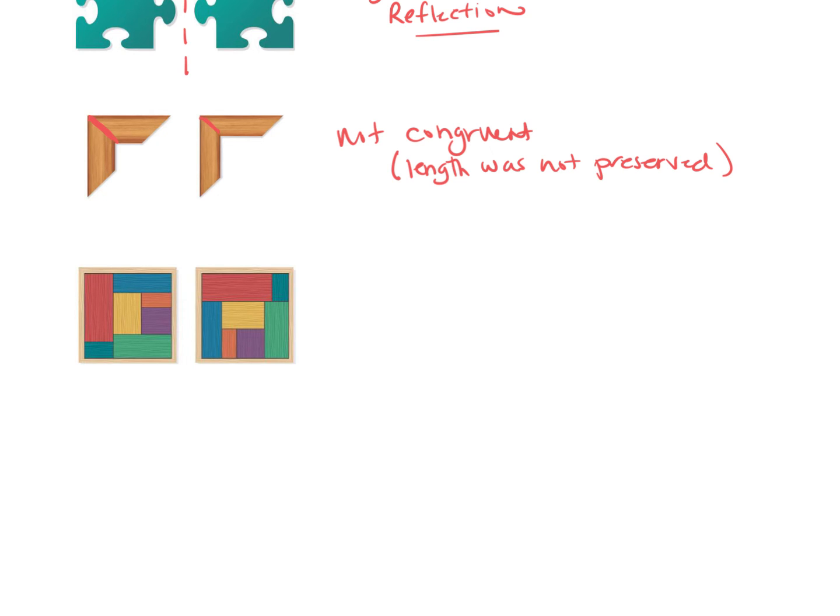Let's see if we can think through other rigid motions. How about a rotation? So the red rectangle is here and it ended up over here. That makes me consider, oh, did it just rotate? How much did it rotate to go from this location to this location? And that looks like just a 90-degree rotation.